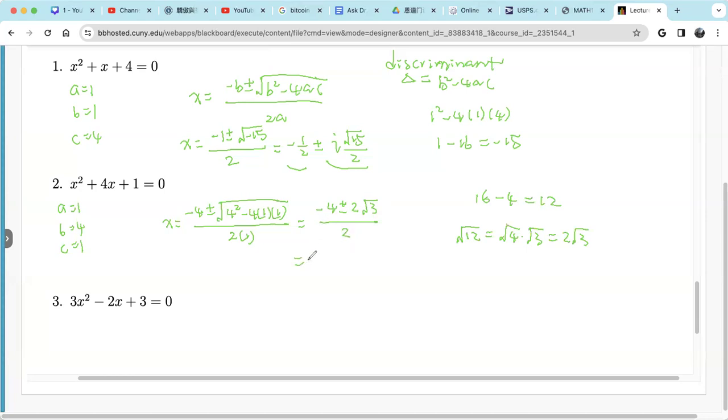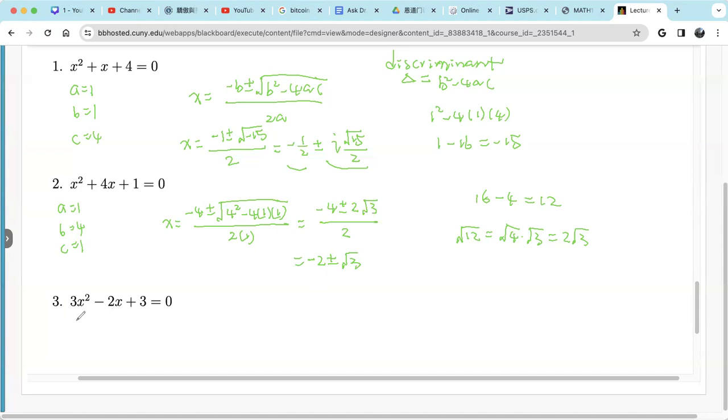Negative 4 divided by 2 is negative 2, plus or minus 2 radical 3 divided by 2, which is radical 3. So we have two irrational solutions. One is negative 2 plus radical 3, one is negative 2 minus radical 3. So irrational solutions also come in pairs, also as conjugates.